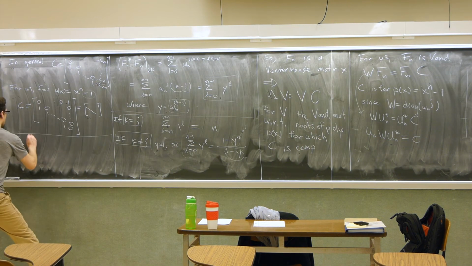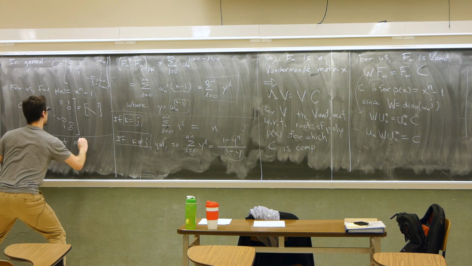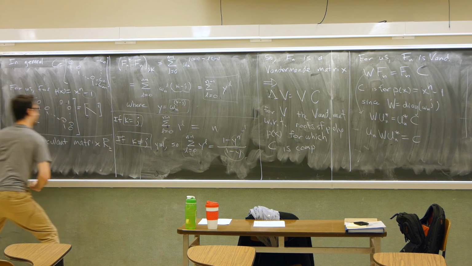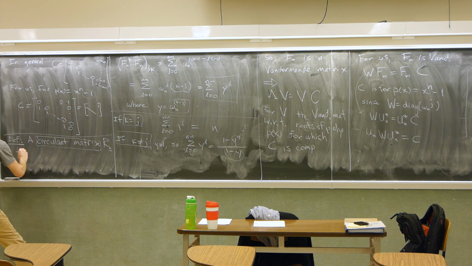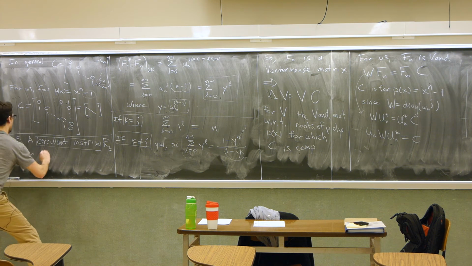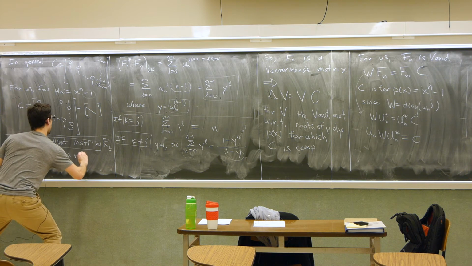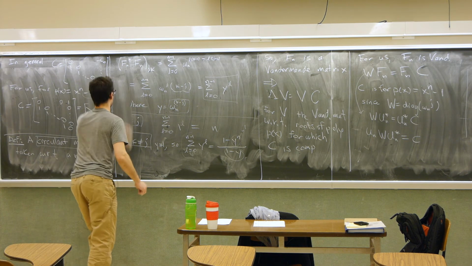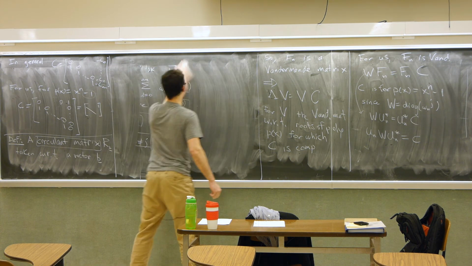Okay. Circulant matrices taken with respect to a vector B look like this.